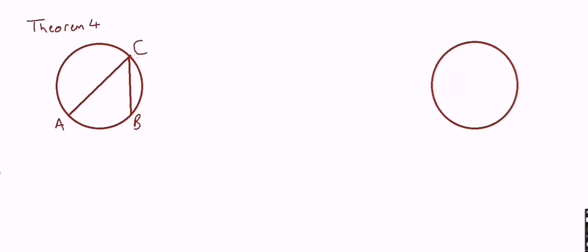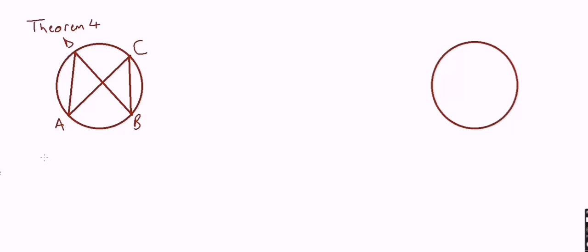This arc that is subtending C happens again to subtend, let's say, D. Then C and D are equal to each other because they are both subtended by AB.